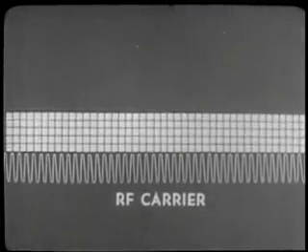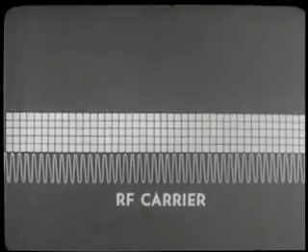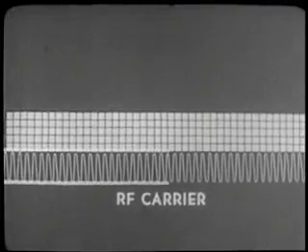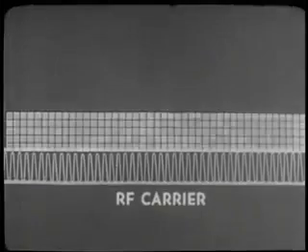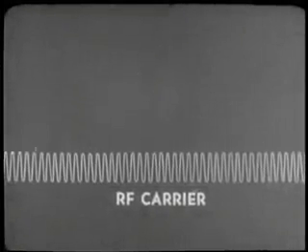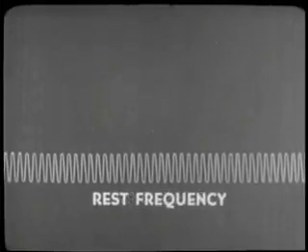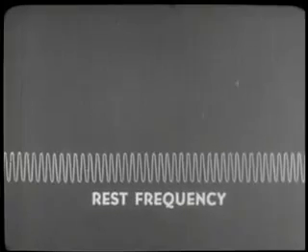It has constant frequency and constant amplitude in its unmodulated condition. The carrier frequency, which is determined by the oscillator, is called the rest frequency. So long as there is no audio signal, the carrier is unaffected.